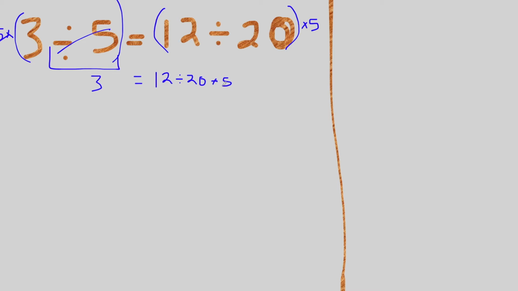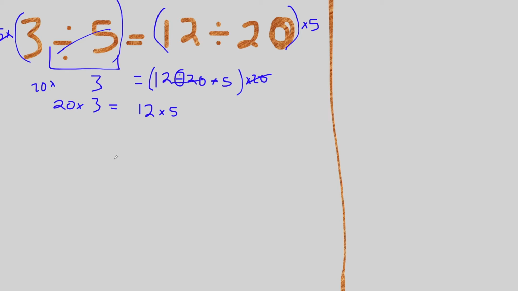Now I'm going to multiply both sides by 20 because I want to get rid of these division statements here. So this is 20 times 3, and this is 12 now times 5, because these would cancel each other out.